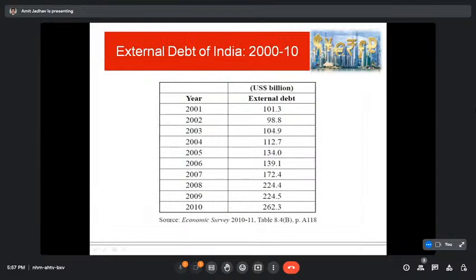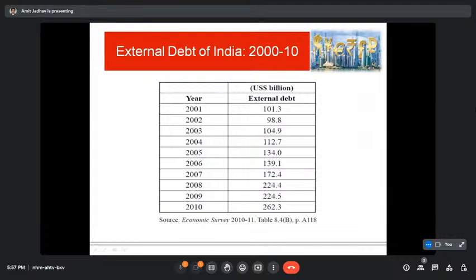So here we have the data showing the external debt. Our total external debt in US billion dollars in 2001 is 101.3 US billion dollars. Afterwards, I think in 2002 it declined by some amount, but afterwards the debt amount kept increasing continuously.